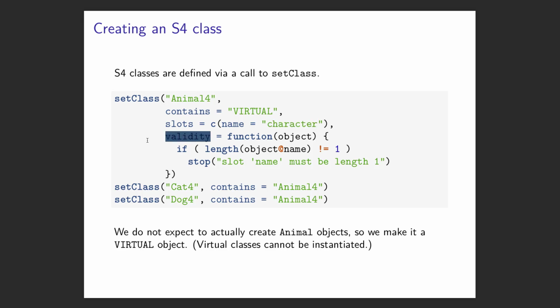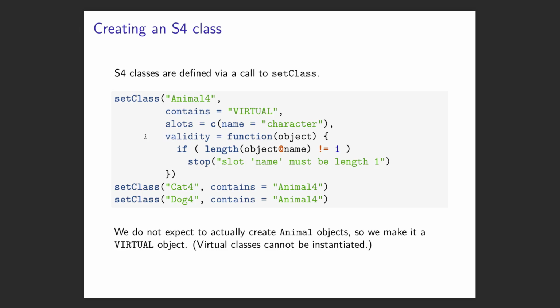With S4 classes, we can also create a validity function. This is a function that, whenever you call a function called validObject, which is frequently called when creating new classes or changing S4 classes like this, will get called before returning a new object of this type, making sure that it's actually a valid version of this object.